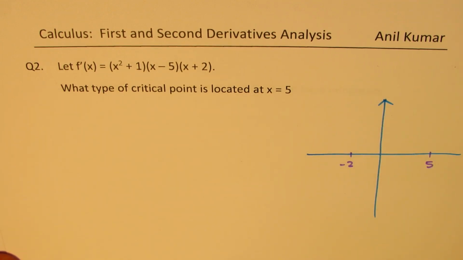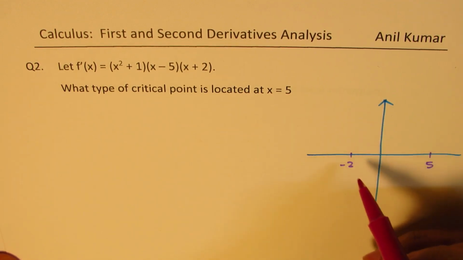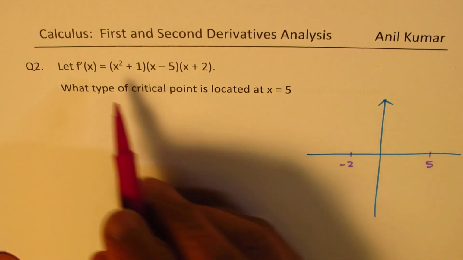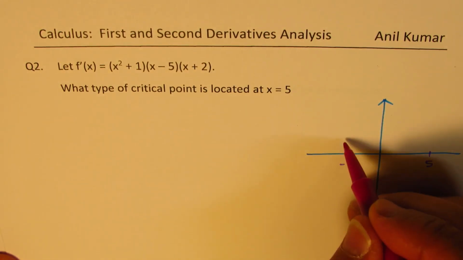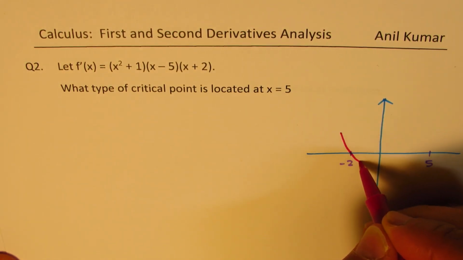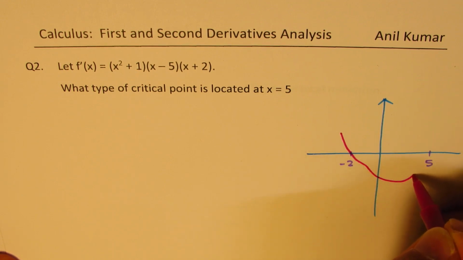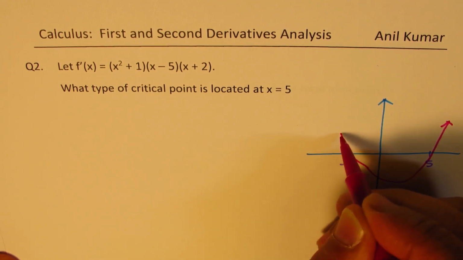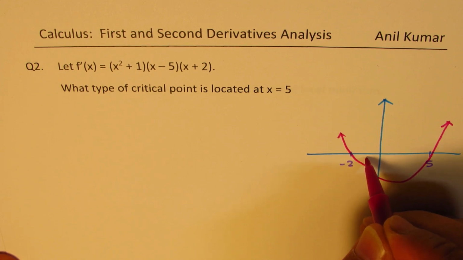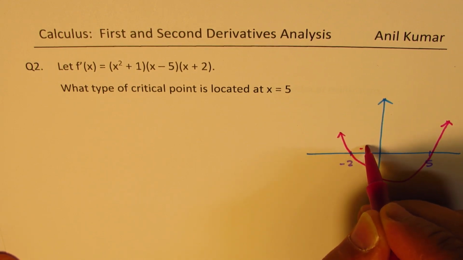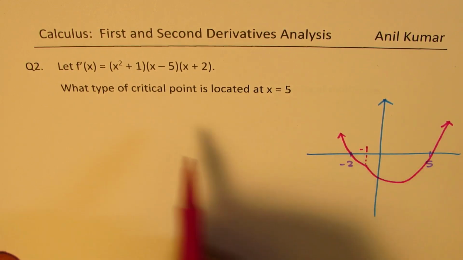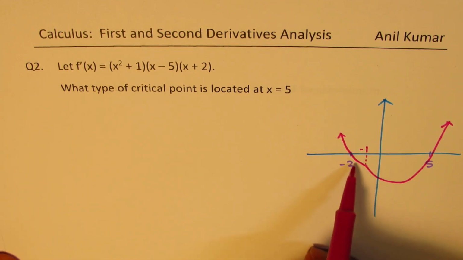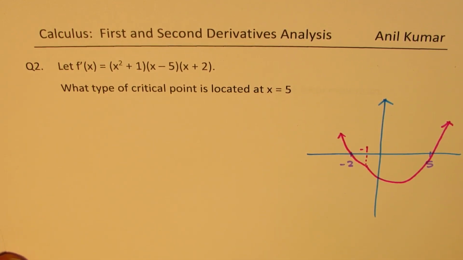So if you want to sketch this graph, it will have a positive leading coefficient. So something like this, and then here like this, and then going up, right? So this point is at minus 1, kind of, right? So it's an imaginary root. So that will be the shape of the graph.